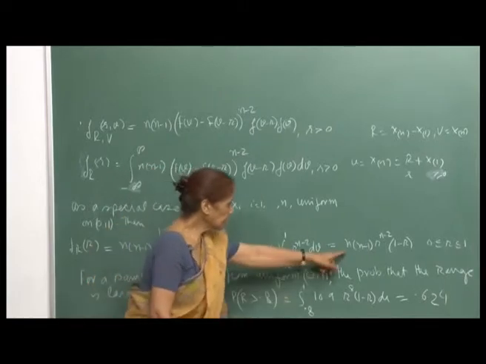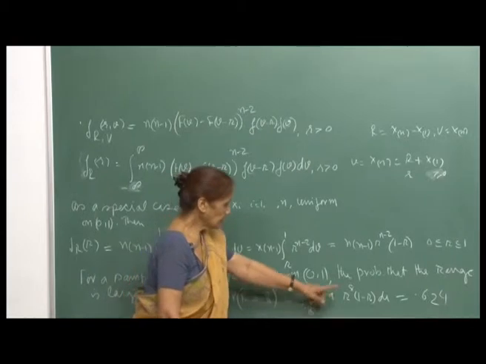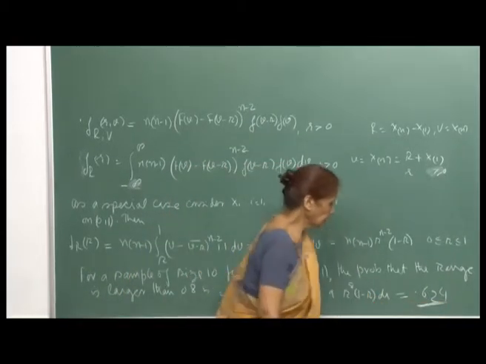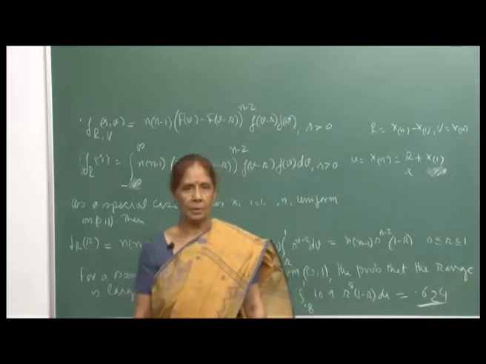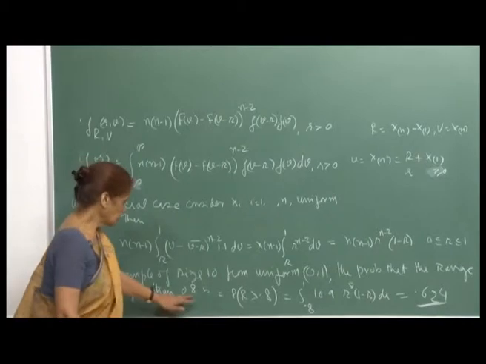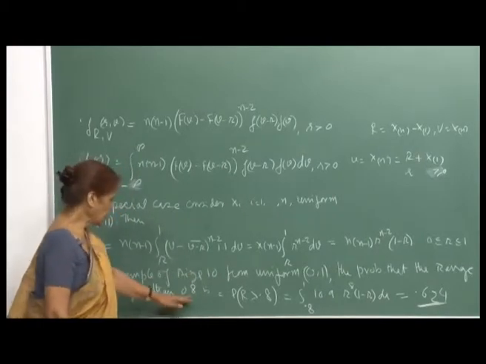Therefore, you will integrate this function from 0.8 to 1, and if you simplify here, you get the answer 0.624, which is a pretty large probability of the range of the sample being more than 0.8.